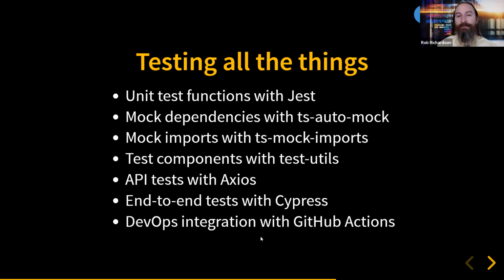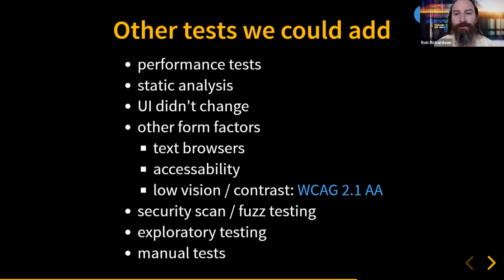We saw all of these tools coming together to be able to run tests in all of the places of our application. Now, we did run a lot of tests, but we didn't necessarily run every test we possibly could create. There are other forms of testing we might want to explore. Maybe we want to do performance tests, static analysis, validate that our UI didn't change.